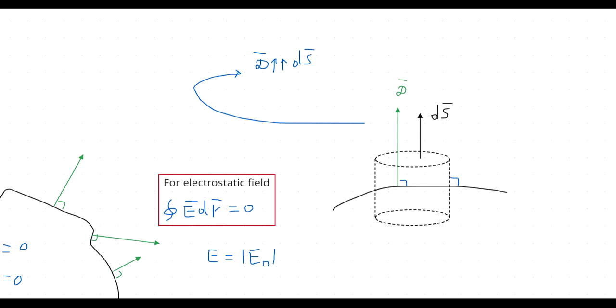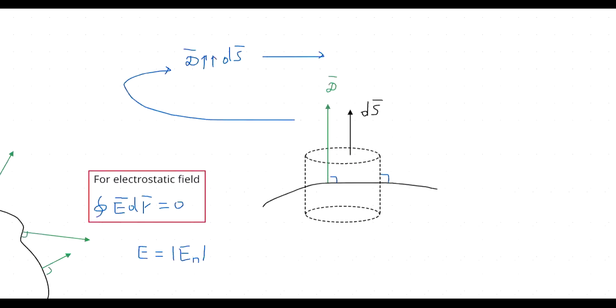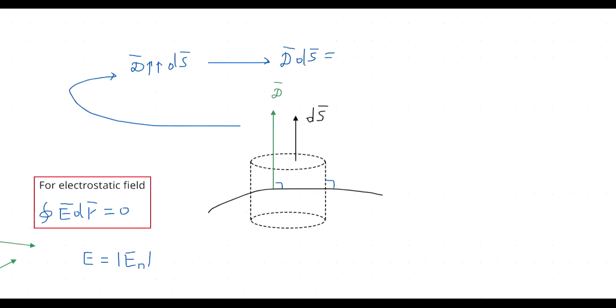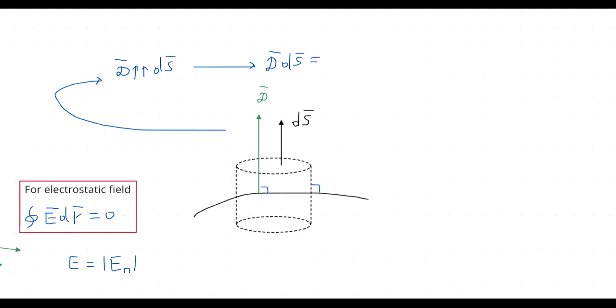And from here, we can make a conclusion that the scalar product, or dot product, of vectors D and dS is equal to the absolute value of vector D times the absolute value of vector dS multiplied by cosine of 0 degrees, and it is equal to D dS. And what does it mean?